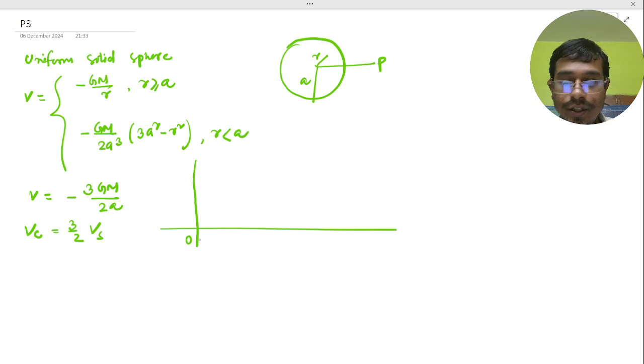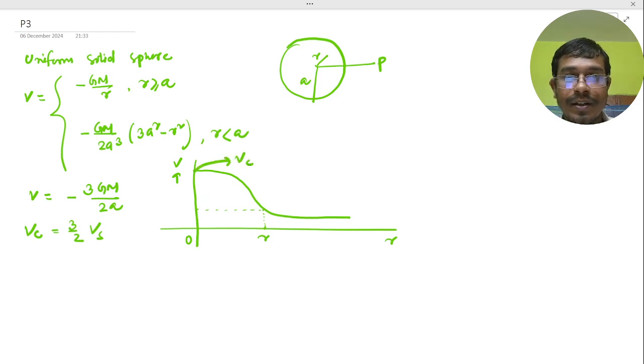This is the origin, the x-axis is R, and the y-axis is the potential, and the graph would look like this one, where this is the bending part, and this point is V center and this is V surface.